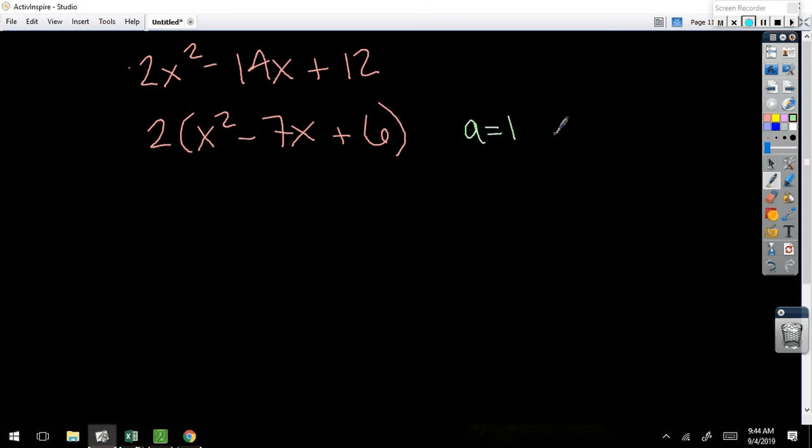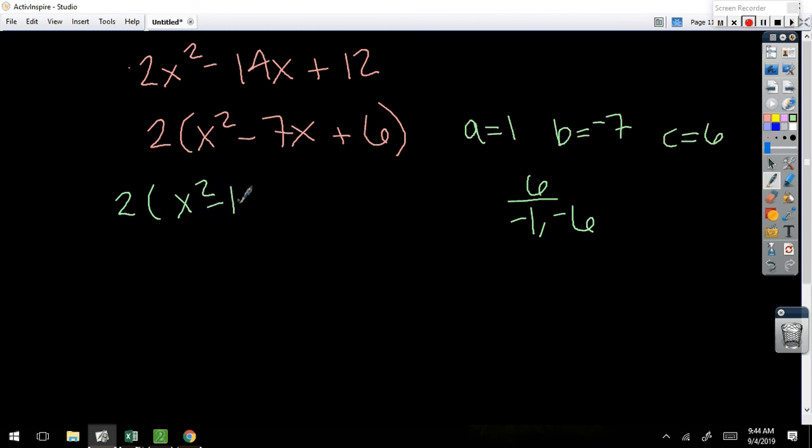What's B? And what's C? This one was a little bit trickier because they have to multiply to a positive but add to a negative, which means I need two negatives. Negative, yeah, that's right. It doesn't matter which one goes first, they're both negative here. But they do still add to -7, which is good.